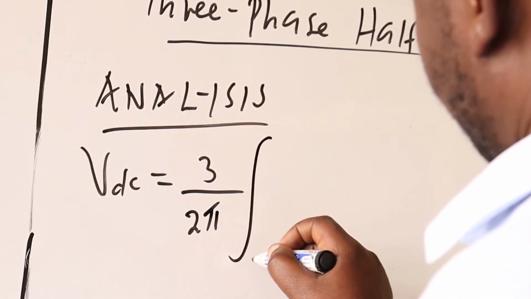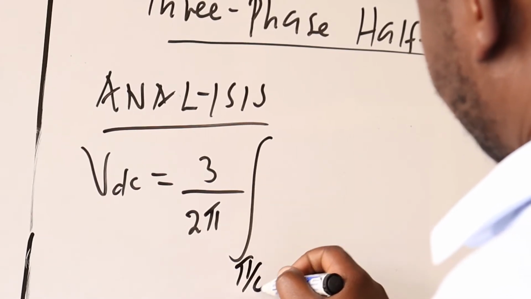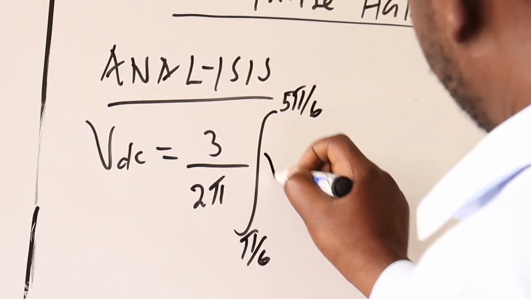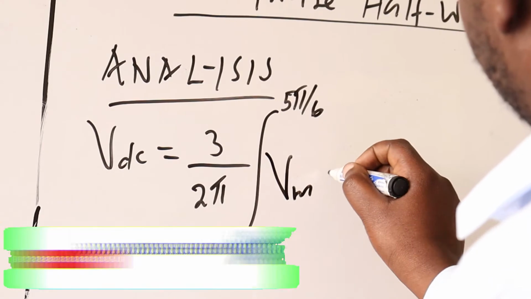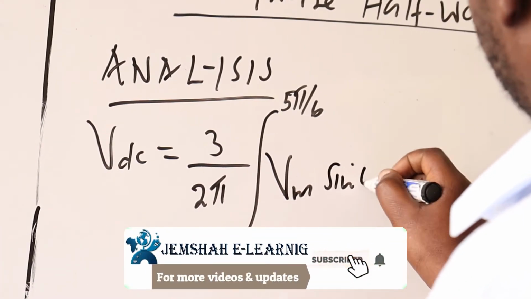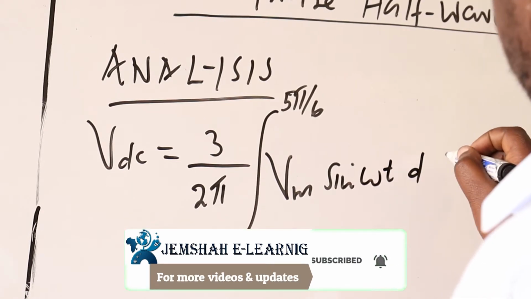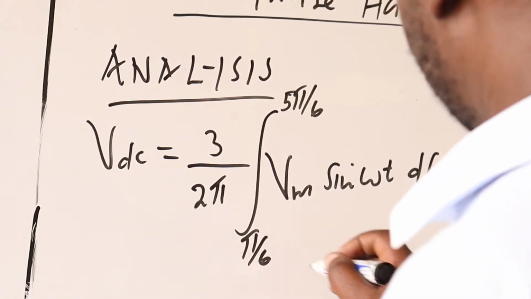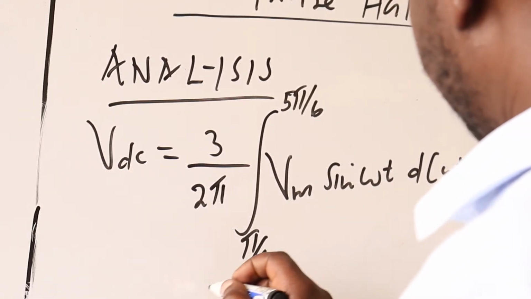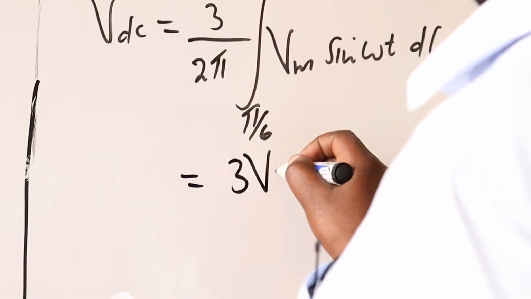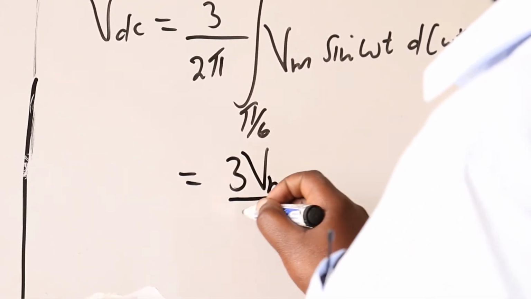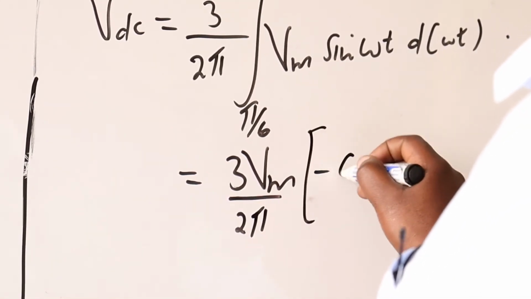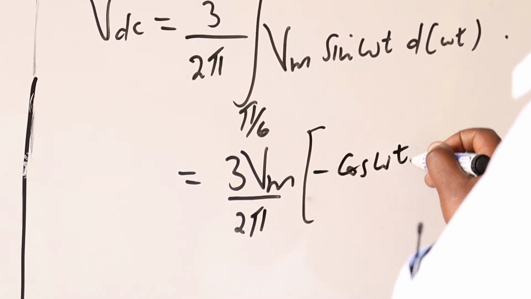So we integrate from pi over 6 to 5 pi over 6, Vm sine omega t with respect to omega t, which gives us 3Vm all over 2 pi into negative cos omega t.